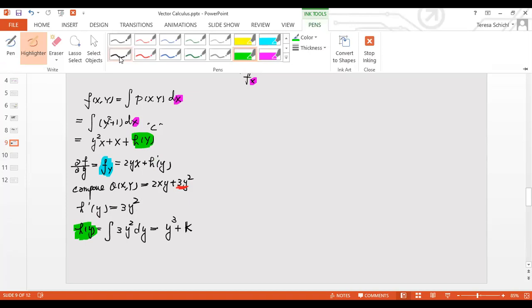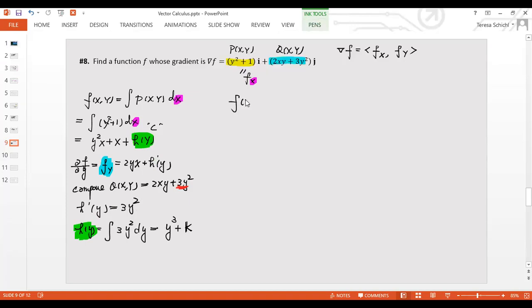So I have my f of x, y from these equations. I can say it is y squared x plus x, and plus h of y, which is y cubed plus k here, right? So can k be any constant? I would say, how about I let k equal 0.